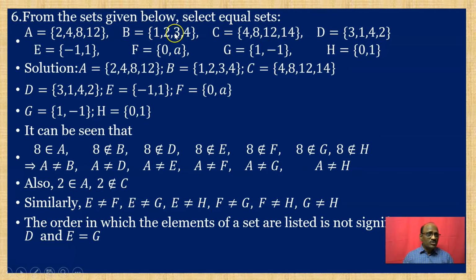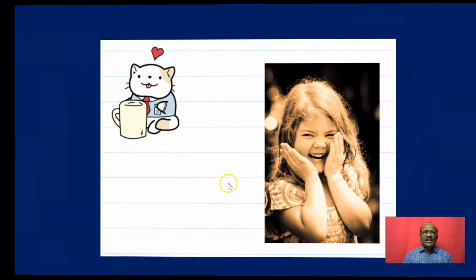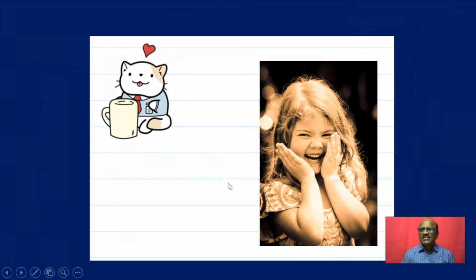B has the elements 1, 2, 3, 4, and D has 3, 1, 4, 2. Okay. And E and G, here E is minus 1 and 1, and G is 1 and minus 1. These two sets are equal sets. And here, B is equal to D and E is equal to G. Okay, and in this way we have completed the exercise.